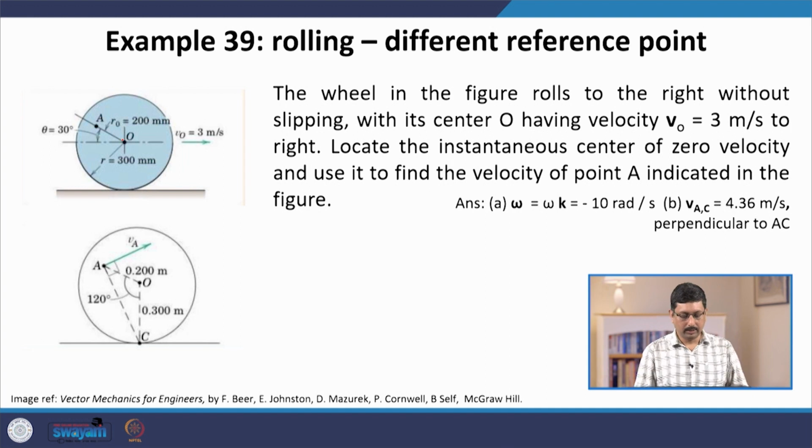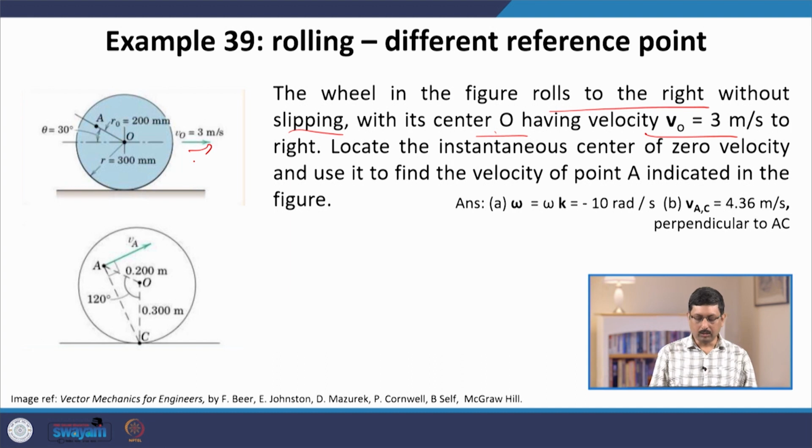The reference point about which we describe the rotation of the object can be anything. So, in this example, there is a wheel which rolls to the right without slipping, very important, and the center of the wheel has a velocity v0 which is 3 meter per second towards right. Now, locate the instantaneous center of zero velocity and use it to find the velocity of a point A. Point A is this one.